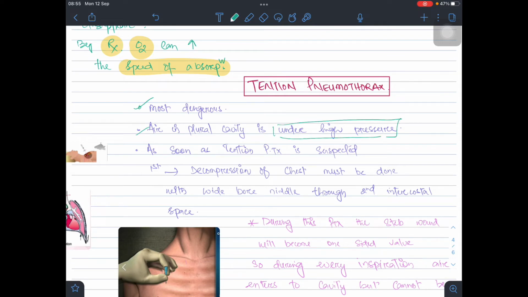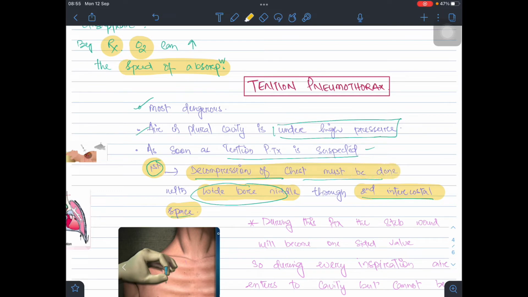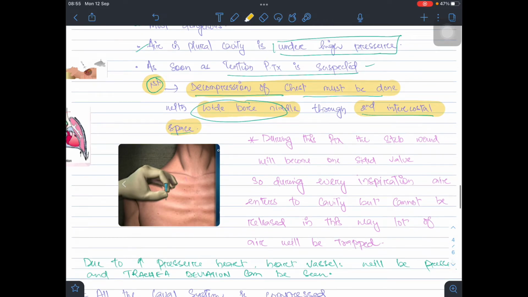As soon as tension pneumothorax is suspected, the first step to be done is decompression of the chest wall with a wide bore needle through the second intercostal space. I will be showing you in the picture. The wide bore needle should be understood, and the second intercostal space. This is the first step, and this is the life-saving step for the patient who has tension pneumothorax.